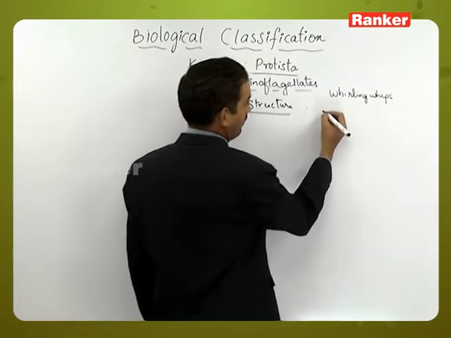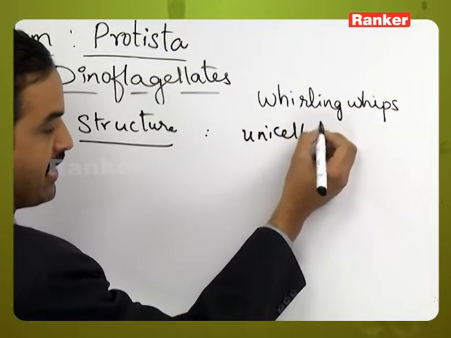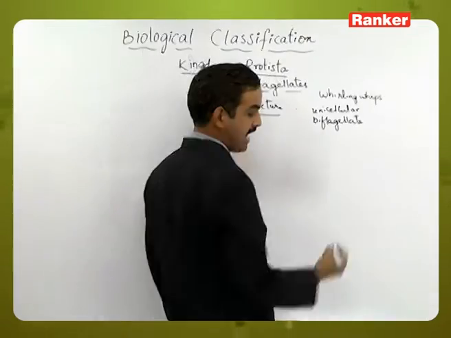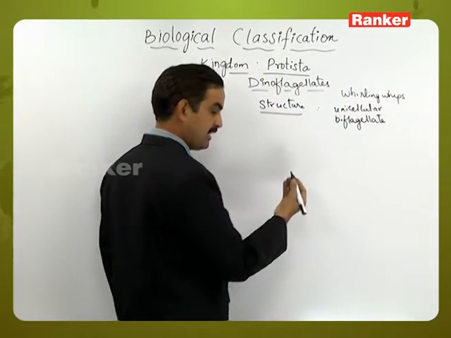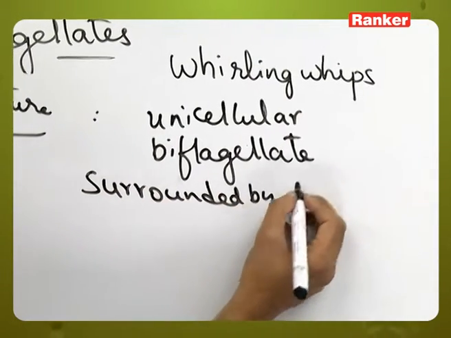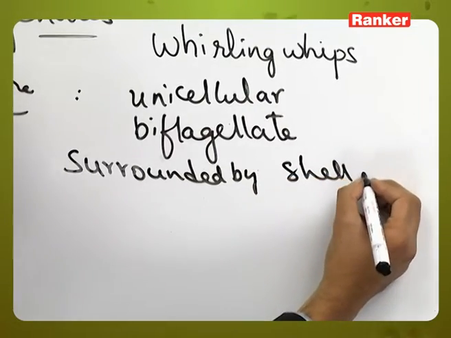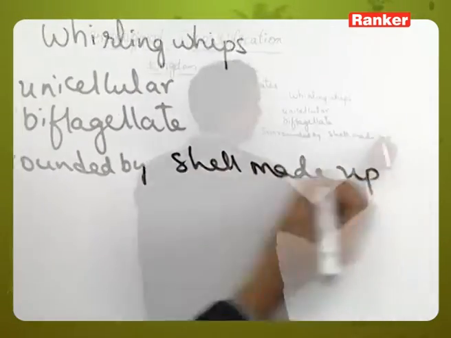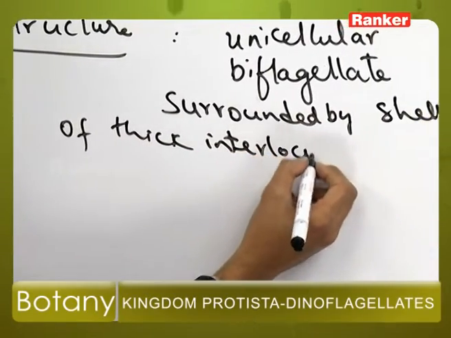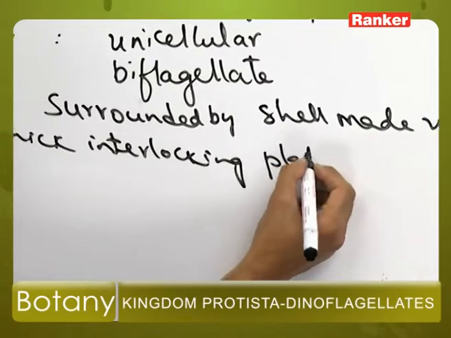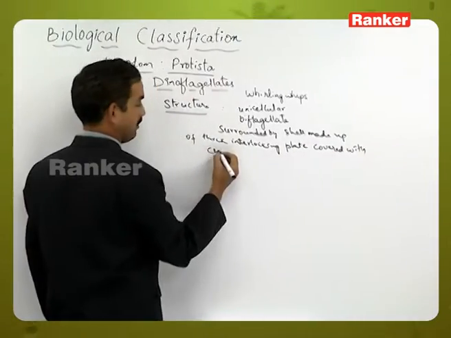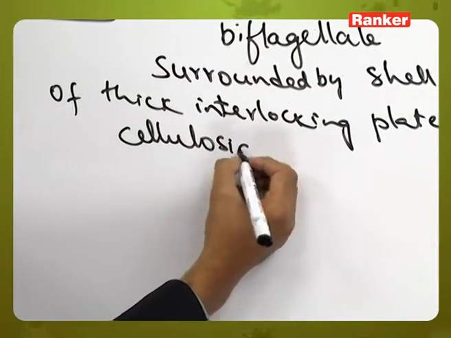The dinoflagellates are basically unicellular and biflagellate, that is, two flagella are present, and they are surrounded by a shell made up of thick interlocking plates covered with a cellulosic cell wall.